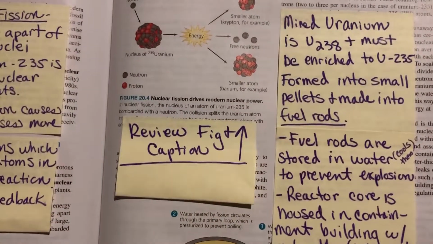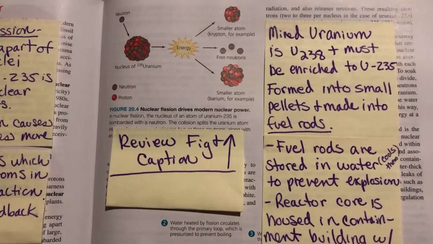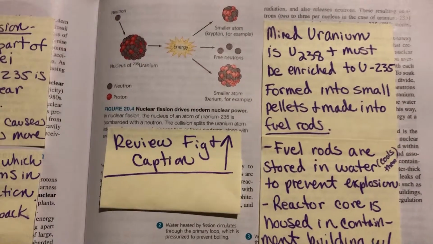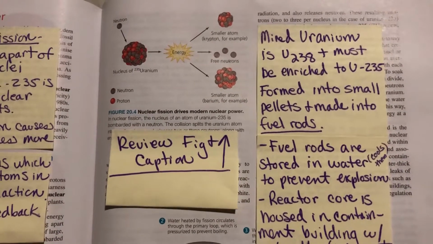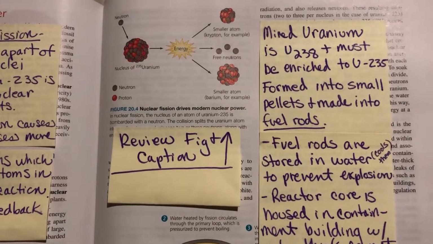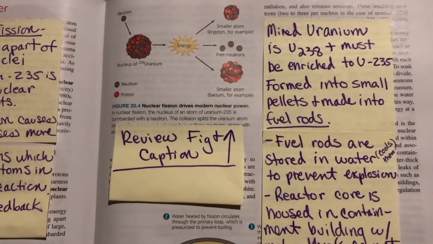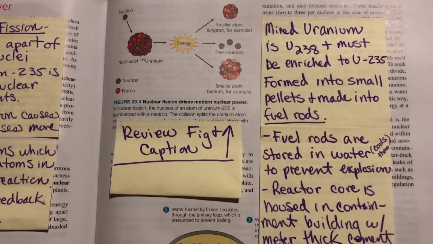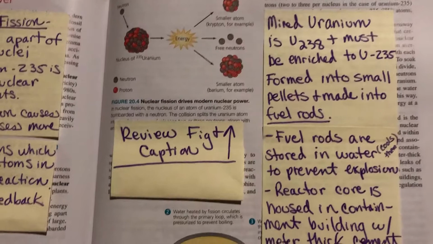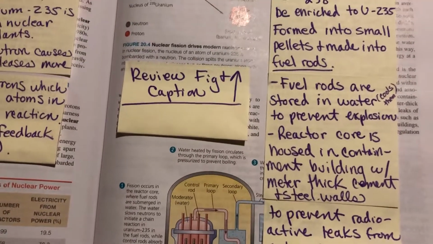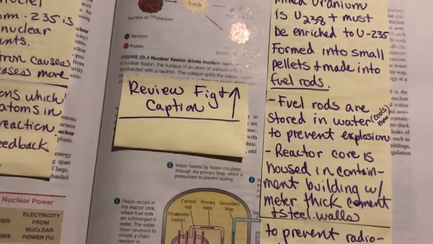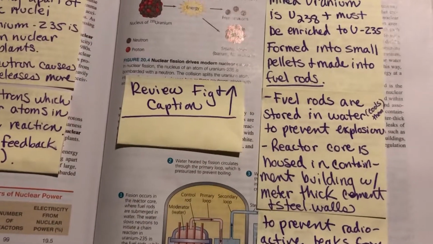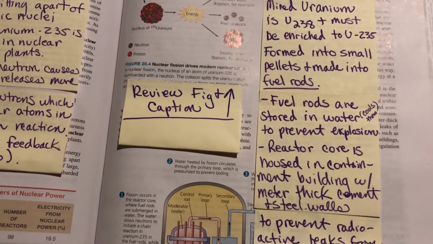Now, mined uranium is actually U-238, but we have to enrich it to create uranium-235. Then it's formed into small pellets and made into fuel rods. These fuel rods are stored in water, because the water cools them down. We're constantly pumping cool water into our nuclear power plants, and this helps prevent explosions.